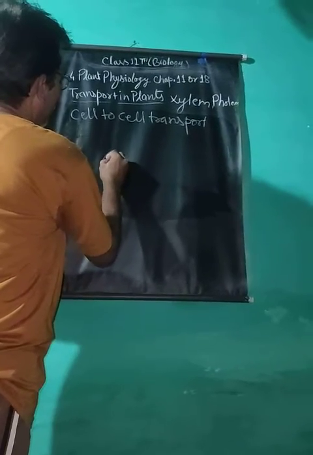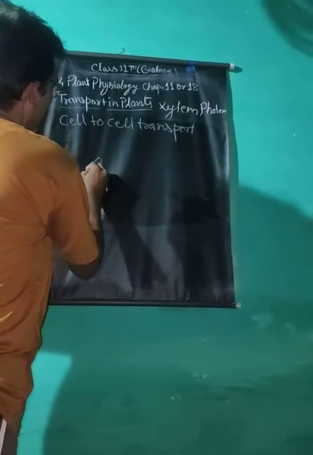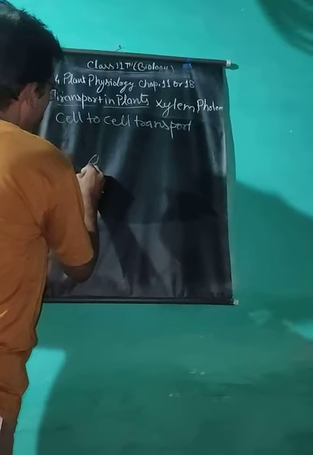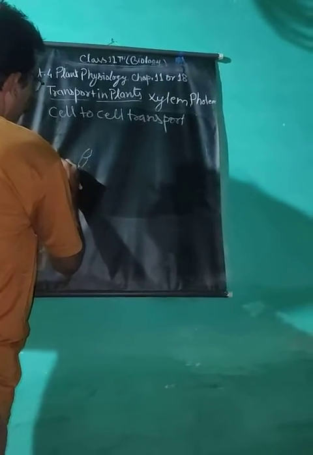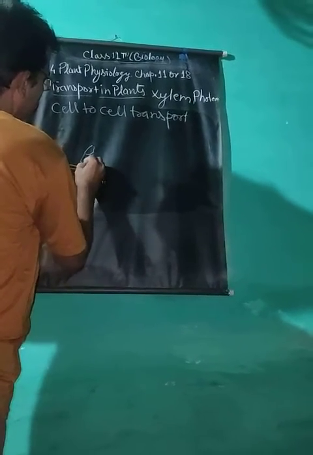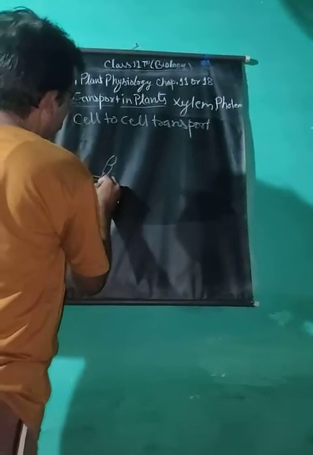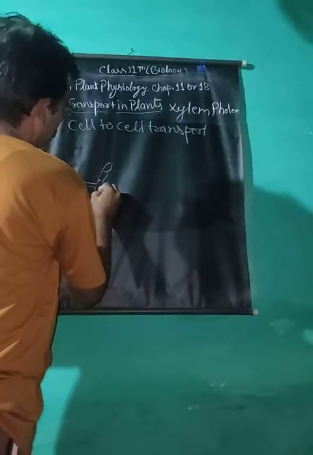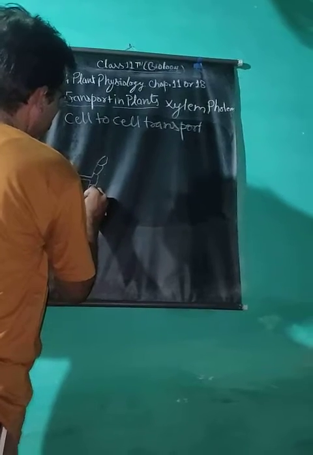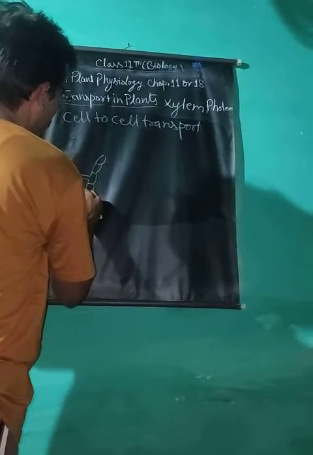The outermost layer of the root is called epidermis or epiblema, which contains unicellular root hairs. These root hairs remain in contact with soil water.